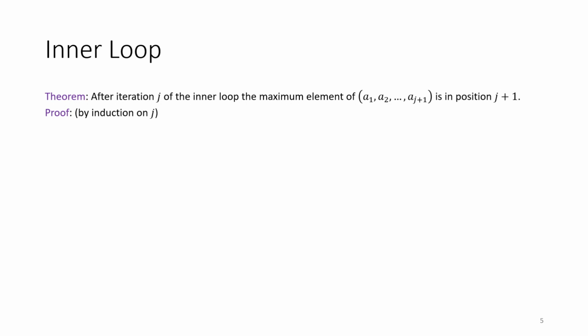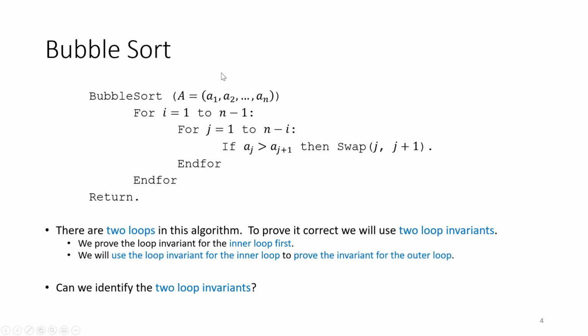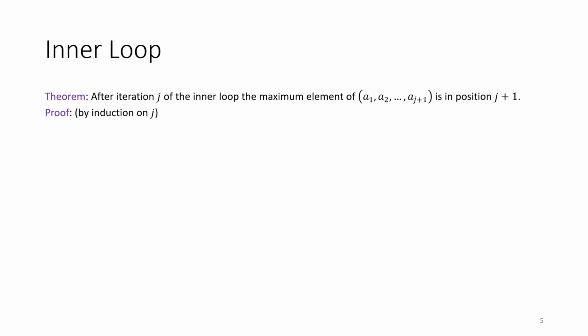We can quickly go back here and see that my j starts at 1, so before my loop is going to be j equals 0. So when I'm talking about after iteration 0, I'm actually meaning before the loop even begins.